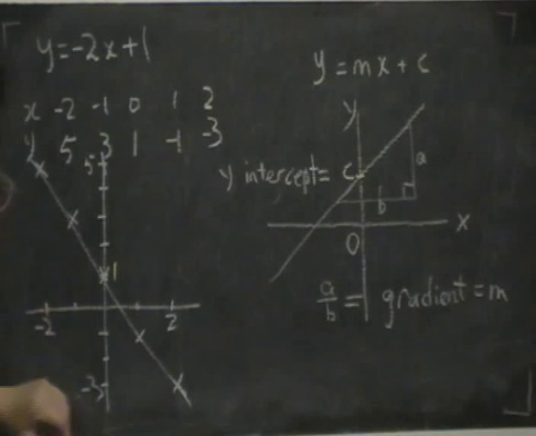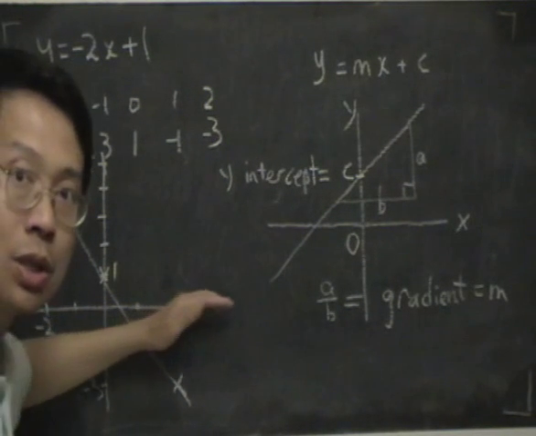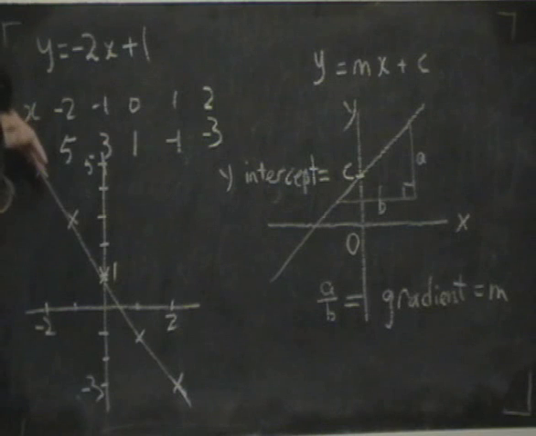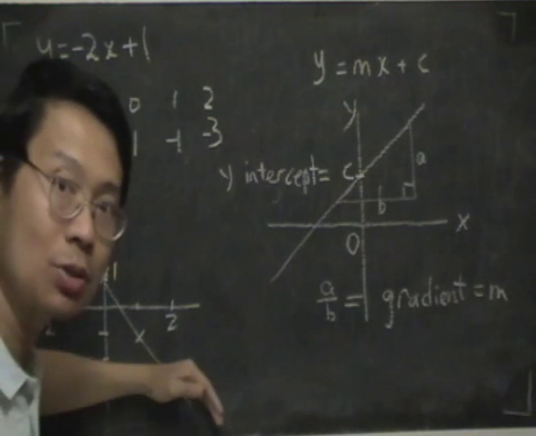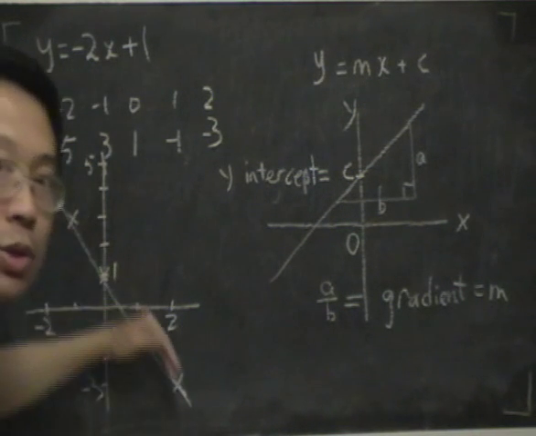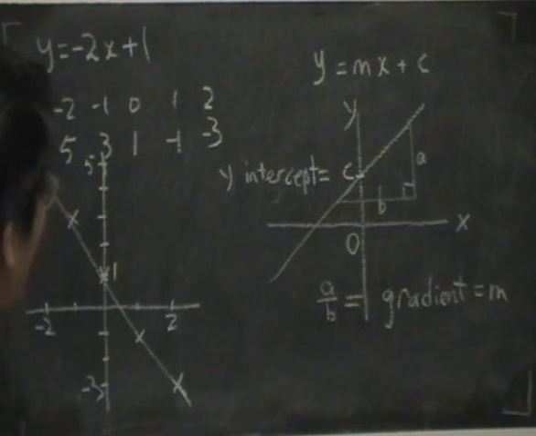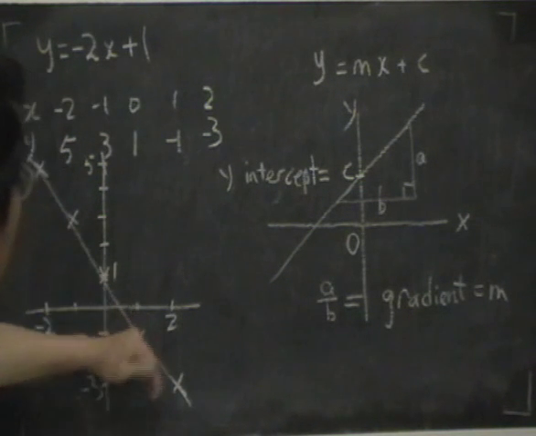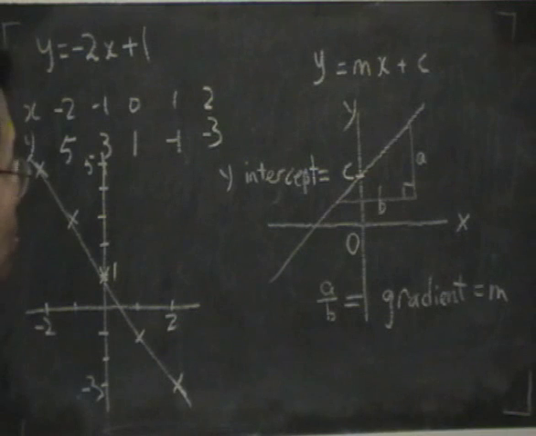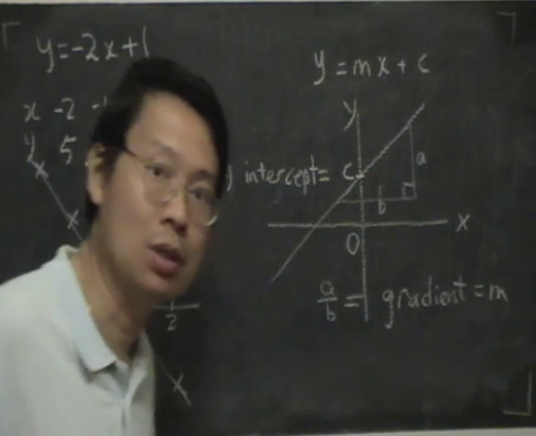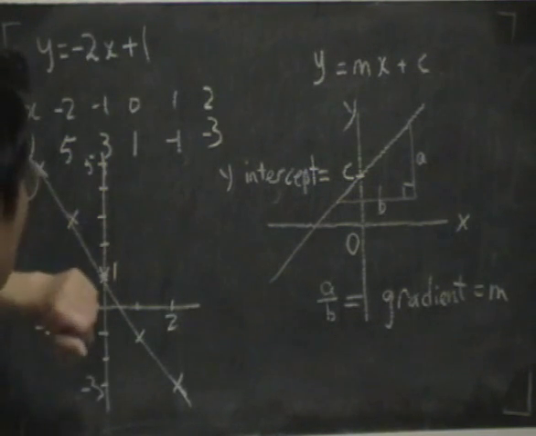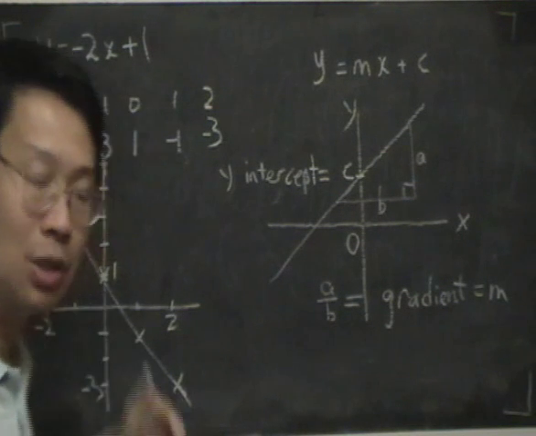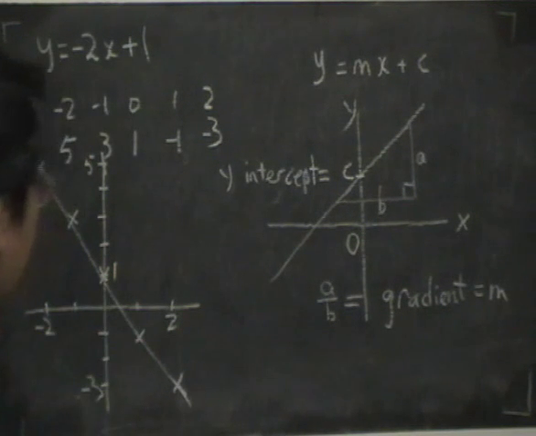So in this case, when x increases, this line goes down, y is going down, so this is like a downward slope. Okay, we call this a negative gradient. There's a minus in front of the x, so a negative gradient means a downward slope.